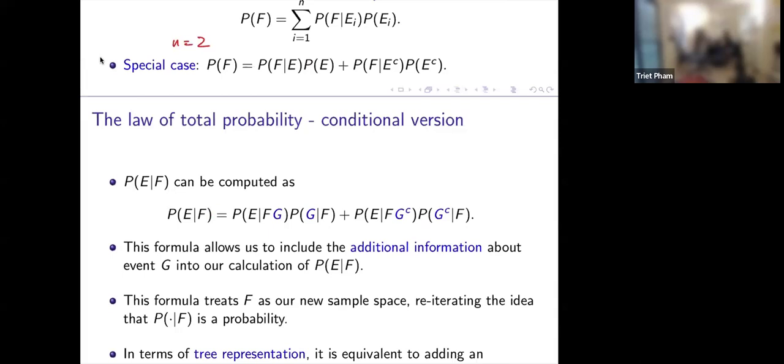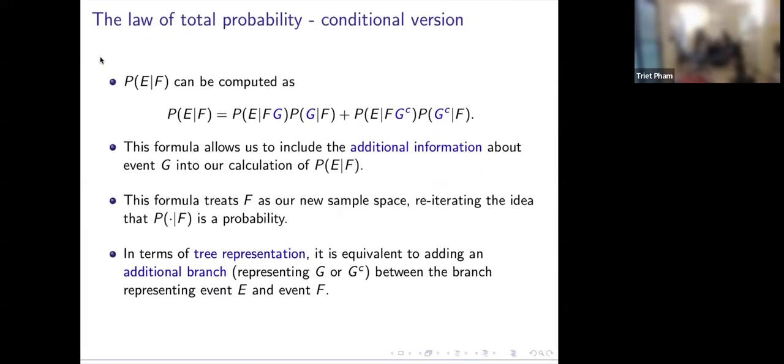But you want to introduce extra information, in the form of G, into your calculation, and this allows you to do so. G can come in as the extra information that helps with the conditioning, but we pay back with a conditional version based on F. Any question about this?